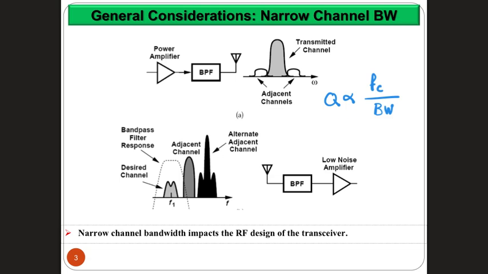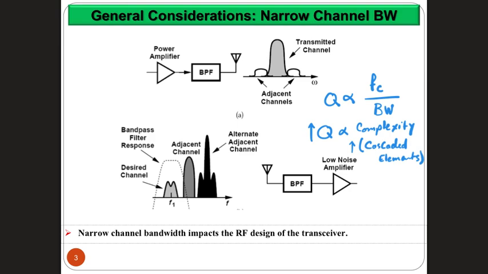Again, the quality factor also is a representation of complexity of filter design. Typically, this complexity is shown in the form of cascaded elements. So the higher the quality factor, the higher the number of cascaded elements in my filter, which means that it's going to be more costly and it's also going to be more lossy because many stages, one after the other, each one of them is non-ideal, so we'll definitely have some losses.